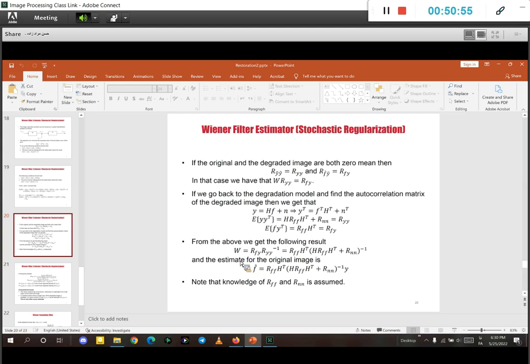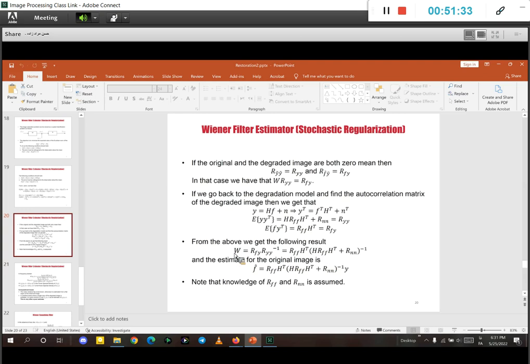From the above formula results, the Wiener system W is the cross correlation of input and output times the inverse of the autocorrelation of output. Substituting these items, we have W equal to the autocorrelation of the input times H transpose, times the inverse of H times the autocorrelation of input times H transpose plus the autocorrelation of noise.